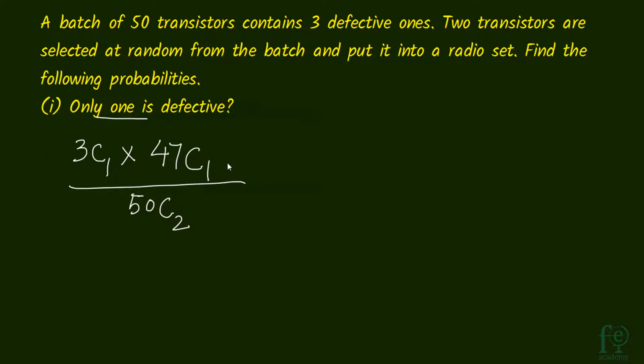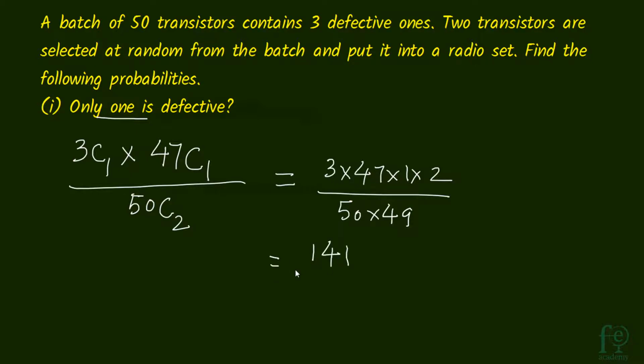So 3C1 into 47C1 divided by 50C2, which gives us 3 into 47 into 1 into 2 divided by 50 into 49, which gives us 141 divided by 1225. This 2 and 50 will be getting cancelled. So 3 into 47 divided by 49 into 25, which gives us 141 divided by 1225.